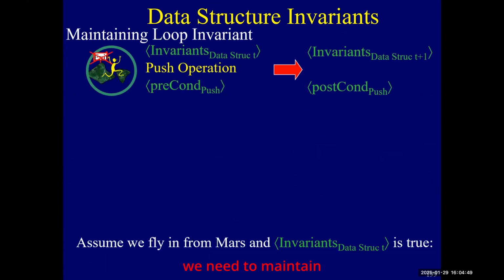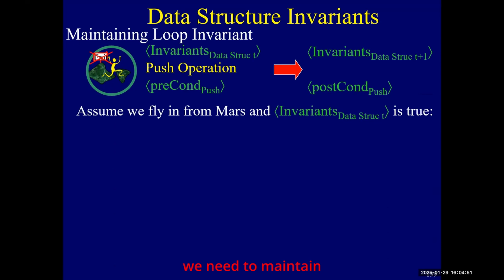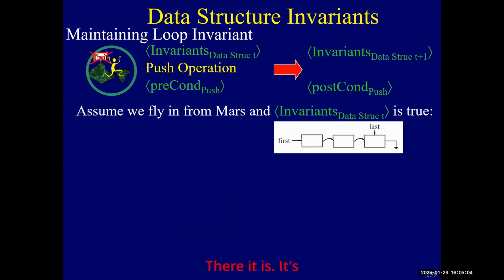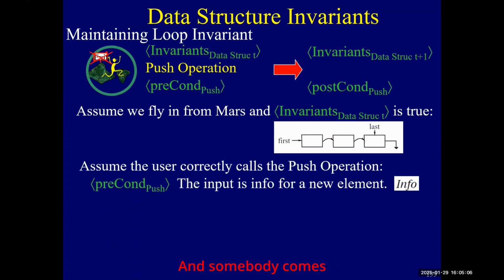All right, so now we need to maintain the loop invariant. We fly in from Mars, and what we know is that the stack is running like it's supposed to, and somebody comes along and pushes. So the precondition for that push is true, which is they're giving us information that we're going to push.